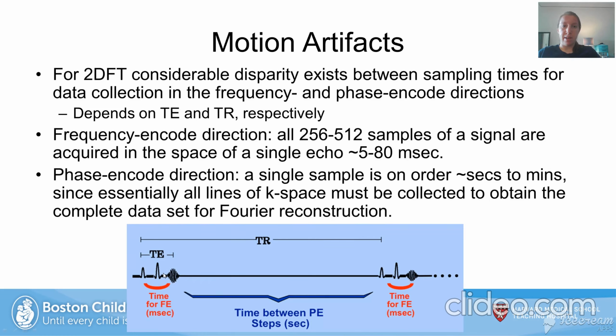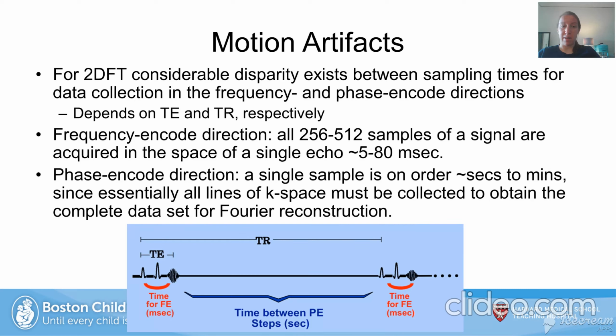This is different for the phase encode direction, which depends on TR, because if you recall, after you do a single slice selection, you turn on your phase encode gradient and your readout gradient. You read one line of K-space, and you go to the next image, you read one line of K-space, and you do that, you wait TR, and you come back to the first image, and then you read the second line of K-space for that first image.